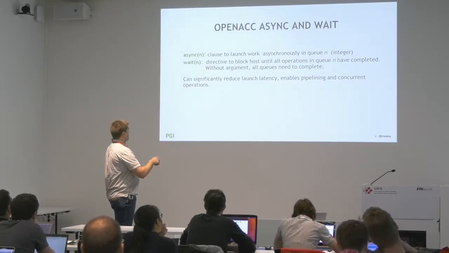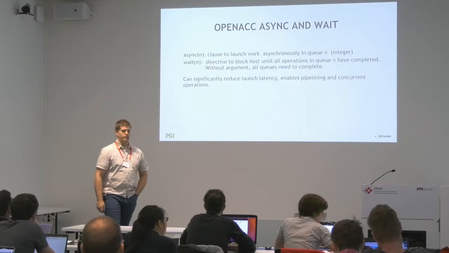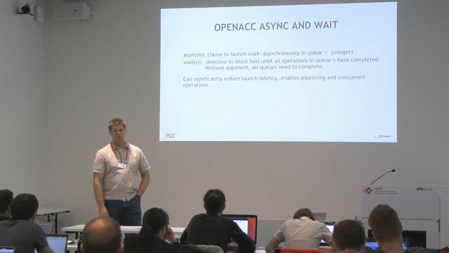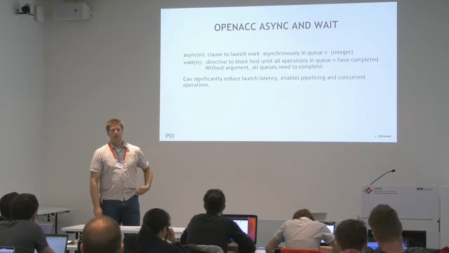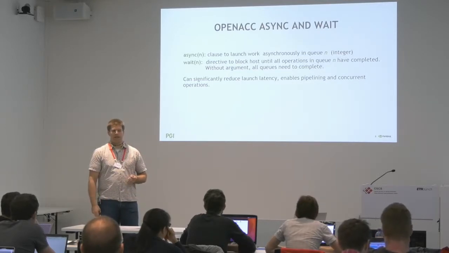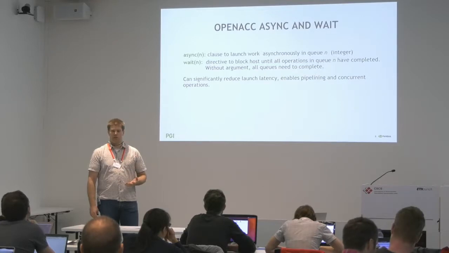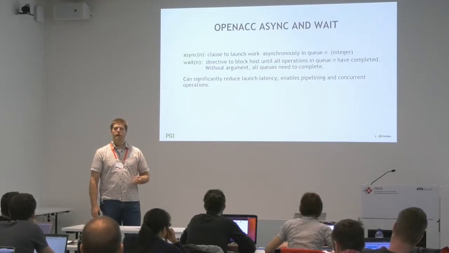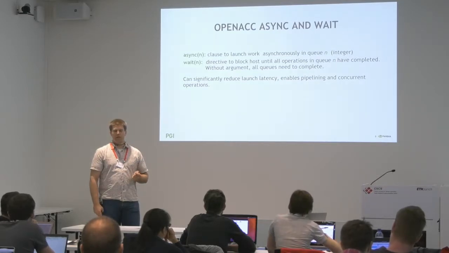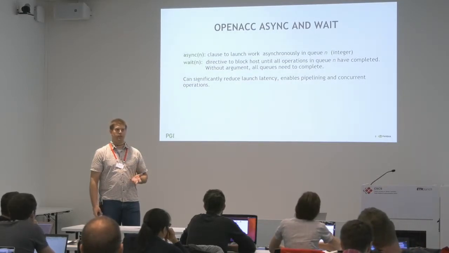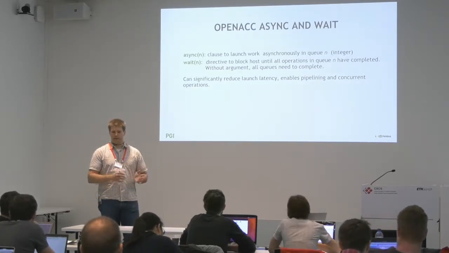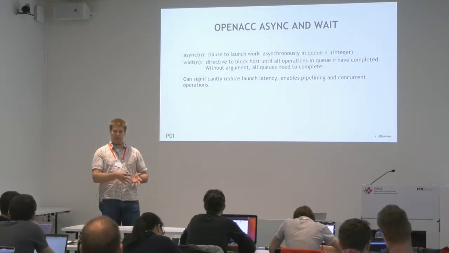Using these async and wait clauses can significantly improve the performance of your program. We've said yesterday that for every kernel launch, there is some amount of overhead just for launching the kernel. It really depends on your program, but there are some algorithms that have a very large number, and I'm speaking thousands, of very small kernels.